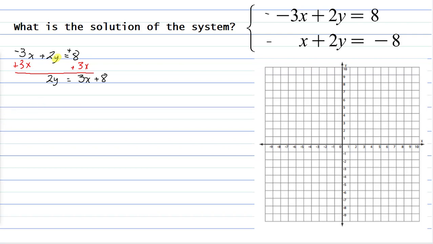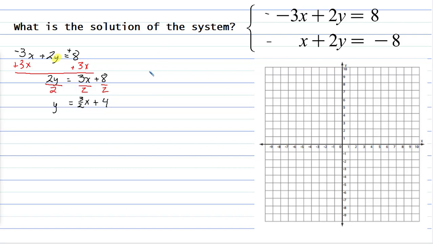Now I am going to divide everything by the 2 that's in front of my y. And so that gives me y is equal to 3 over 2 x plus 8 divided by 2 is 4.